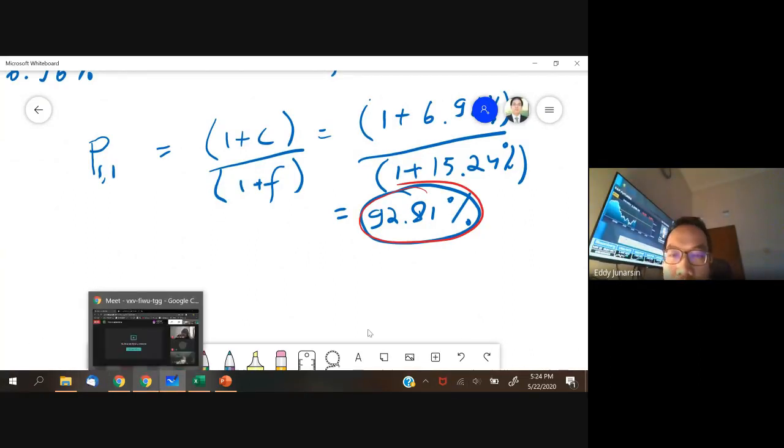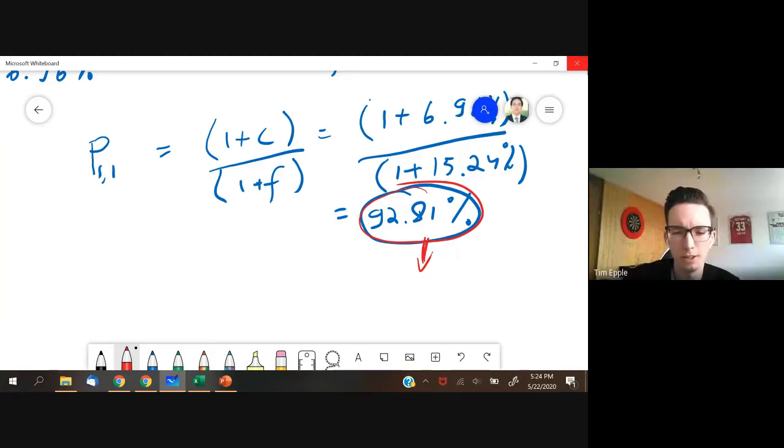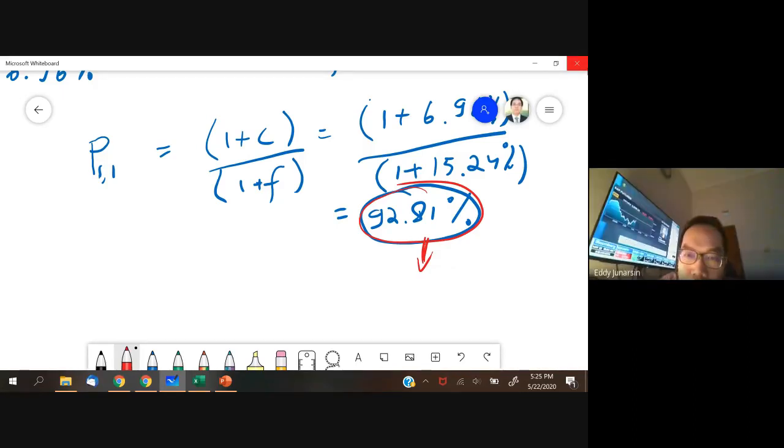3 different things. So, Tim, tell me now, what is the probability of default here? This one. One minus 0.92, so it's 7.19%. Yeah, and what period is it again?